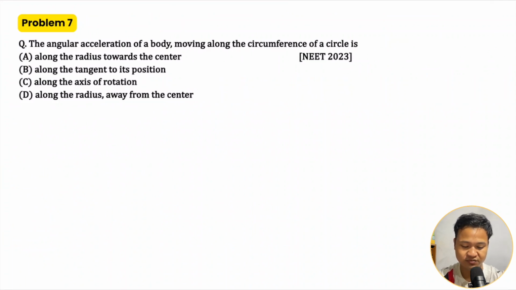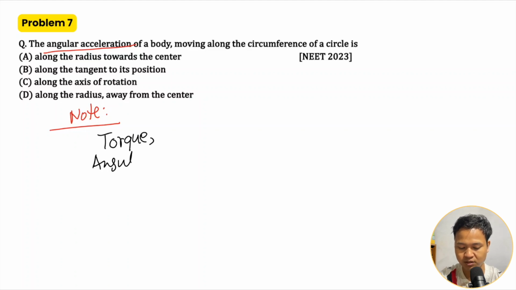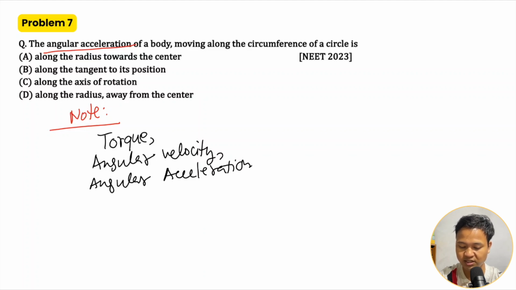Next, the angular acceleration of a body moving along the circumference of a circle: what is its direction? Note that torque, angular velocity, angular acceleration and angular displacement are collectively called axial vectors.